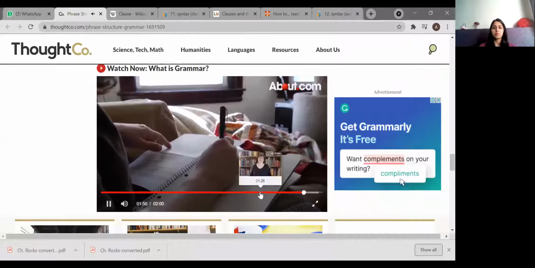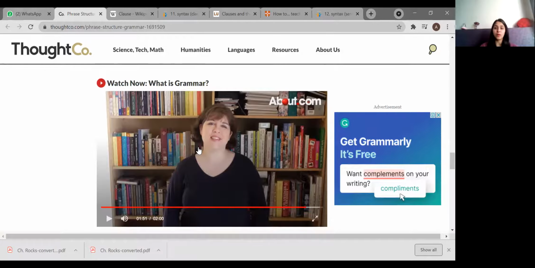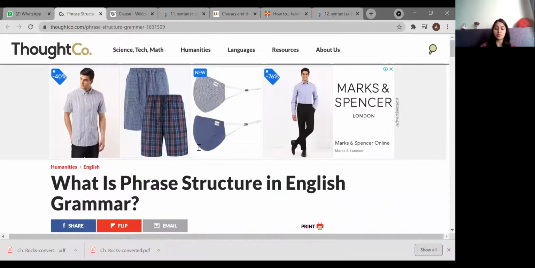In this way, it can lead to more interesting writing and speech, and can even unlock more abstract forms of communication like poetry. So, we are in the second year. We are also doing the poetries, right? So side by side, we also need to do this as languages so that we understand the poetry language as well. All right. So till here you understood what are these phrase structure rules, right?